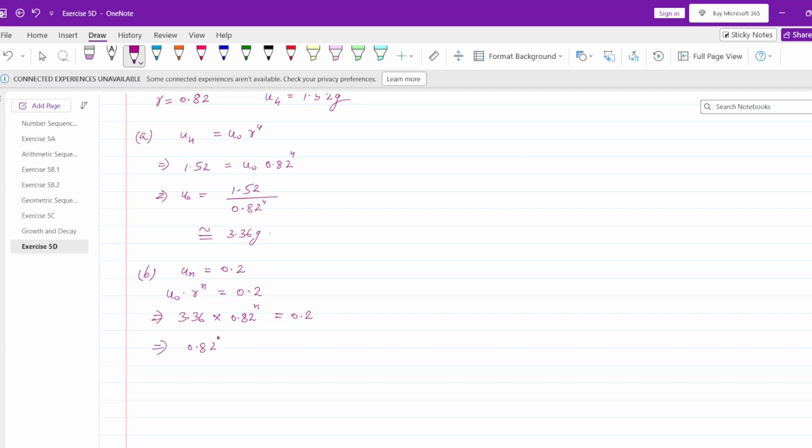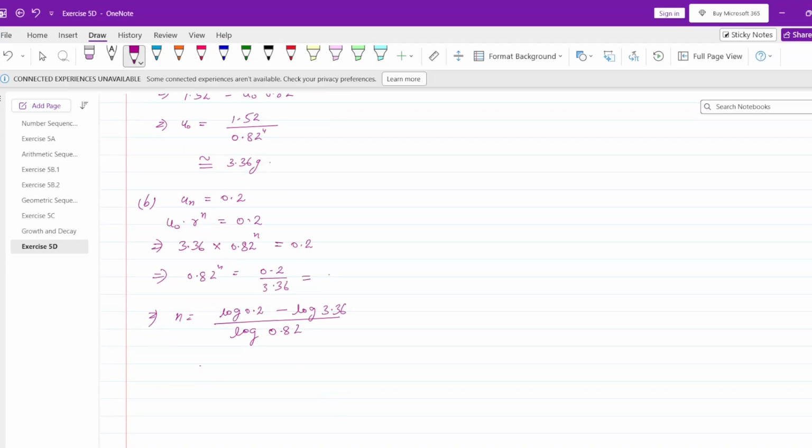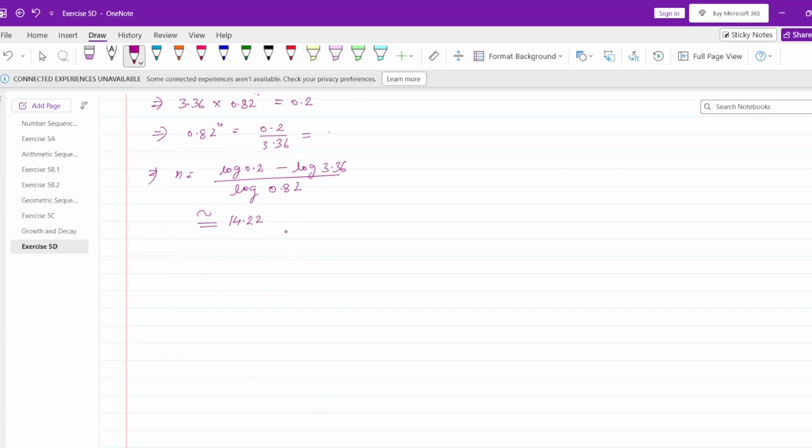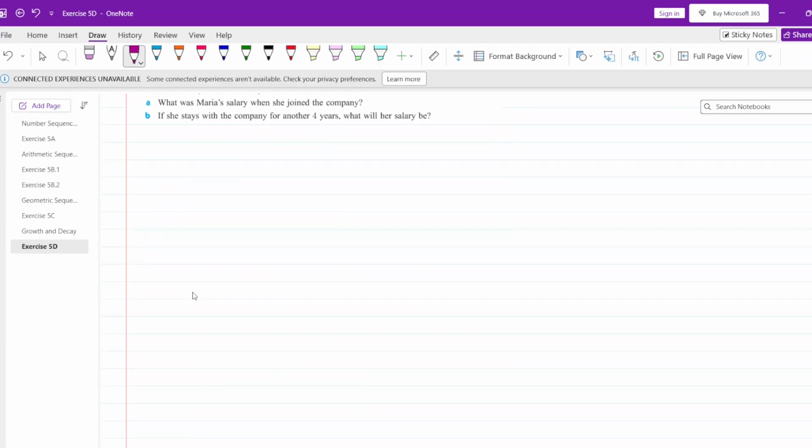So 0.82 raised to the power n equals 0.2 divided by 3.36. So n equals log 0.2 minus log 3.36 divided by log 0.82, which is 14.22 years. That's the answer. Let's go to the next problem.